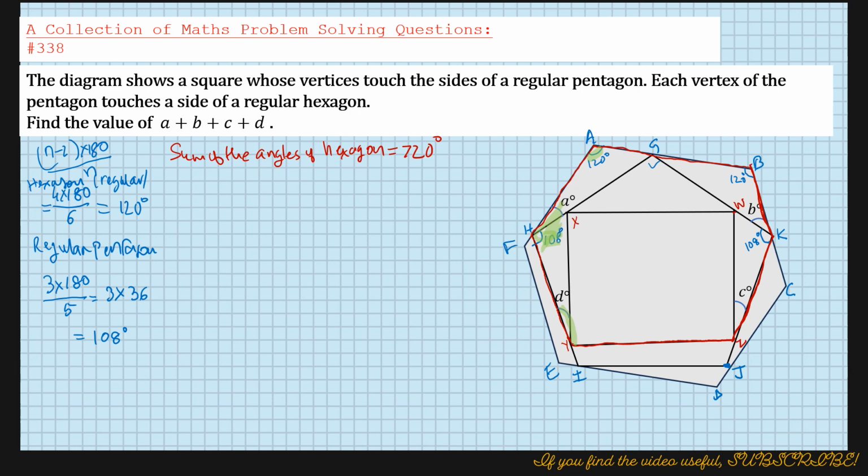So angle HYZ would be 90 plus D, and also angle YZK would be 90 plus C. Angle ZKB would be B plus 108 degrees, and angle KBA is already 120 degrees. So we have figured out all the 6 angles of the hexagon, and they sum to 720 degrees.